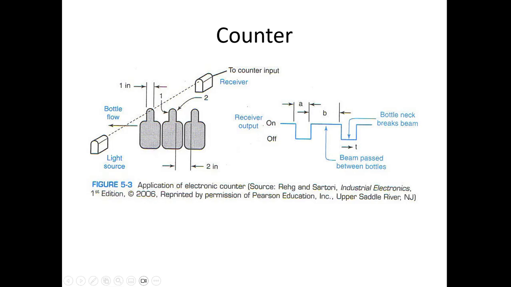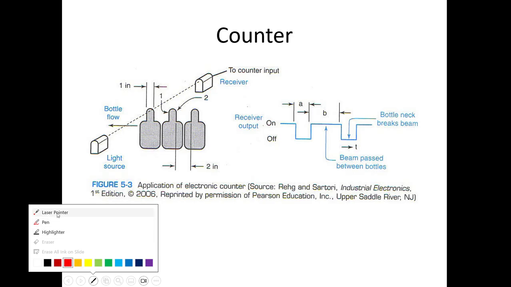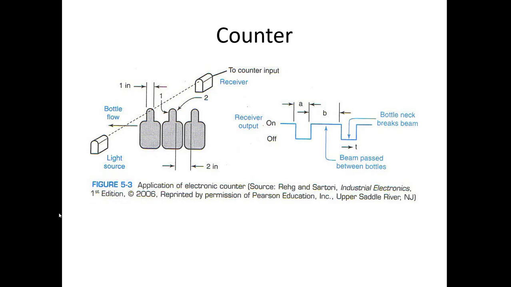So let's discuss. Counter is somewhat similar to timer operation in terms of operation. So where do we use a counter? Let's say, for example, you have a through beam sensor and a conveyor belt, and on the conveyor belt you have lined up bottles.